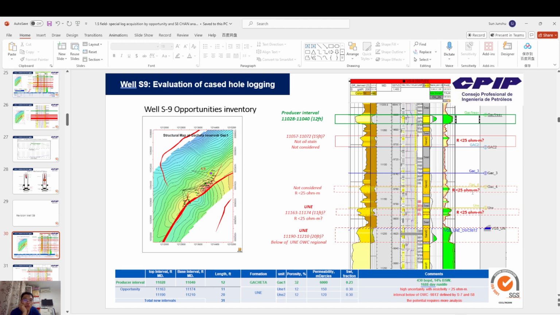This is also low resistivity, not considered. The Wuni also low resistivity. This part is below the Wuni oil water contact regional. So for this well, high uncertainty with the resistivity less than 25. Interval below the oil water contact in Wuni.